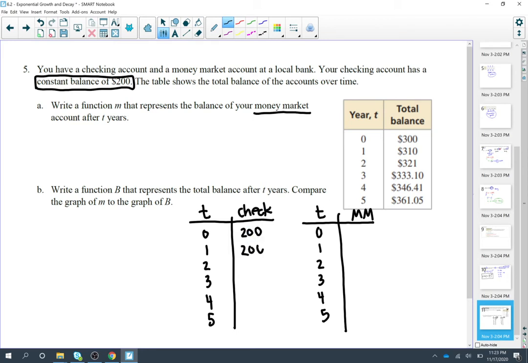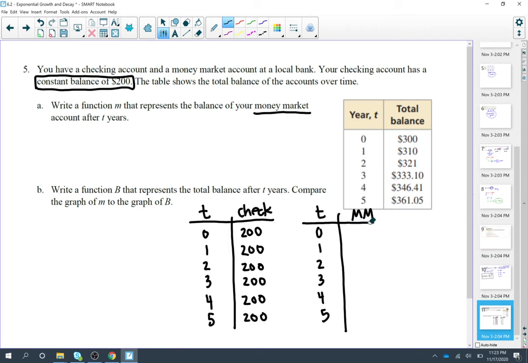So 200, 200, which means in this checking account you're not making any interest, and you're not putting any more money in. It's always $200.